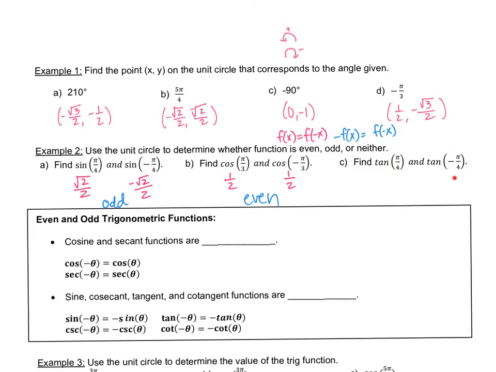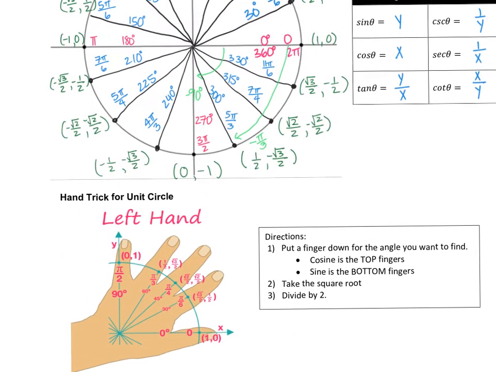And then the last one here, we're going to figure out tangent. Now, tangent's a little bit trickier because we need to figure out what is the tangent value for pi over 4. And that's not necessarily on our unit circle. We have to find it by using tangent is our y over x. So if I were to find tangent of pi over 4, let's go to pi over 4 for a sec.